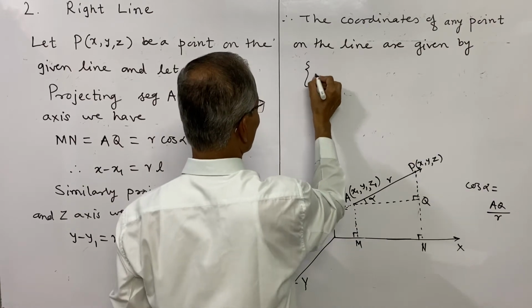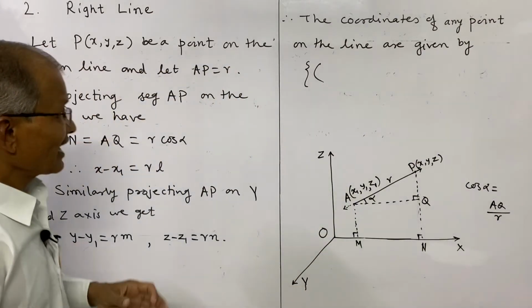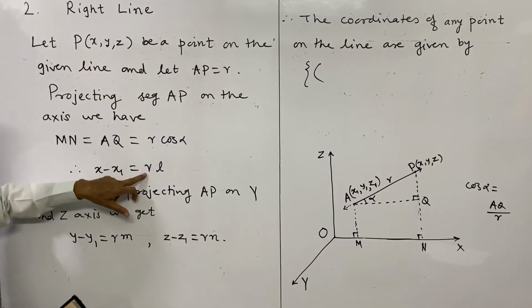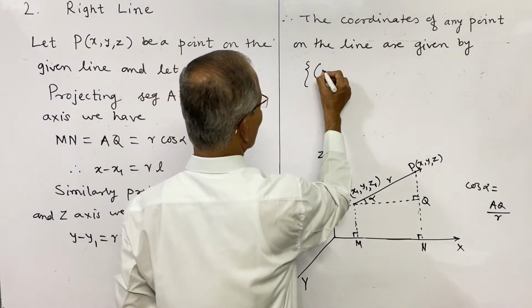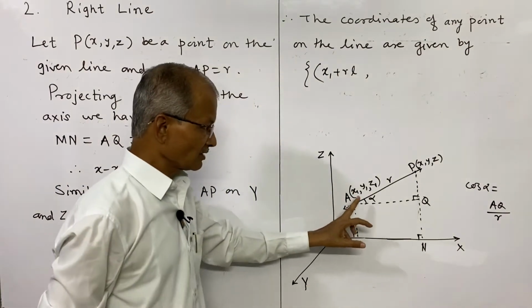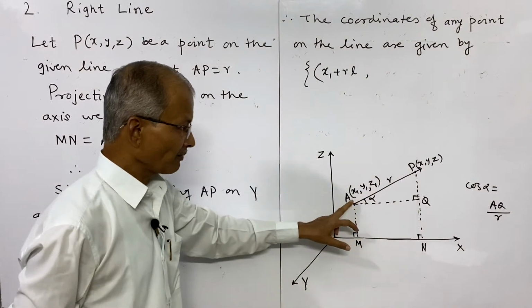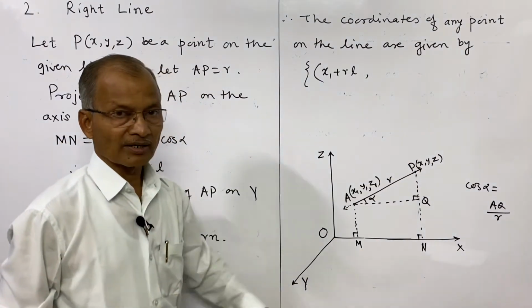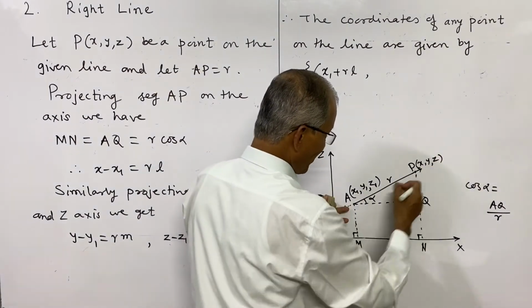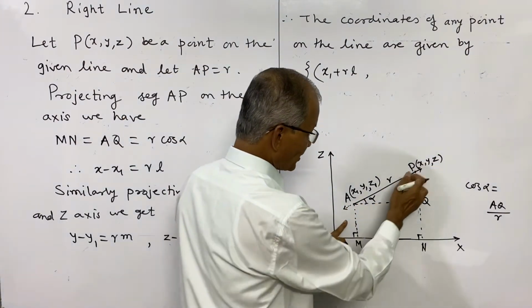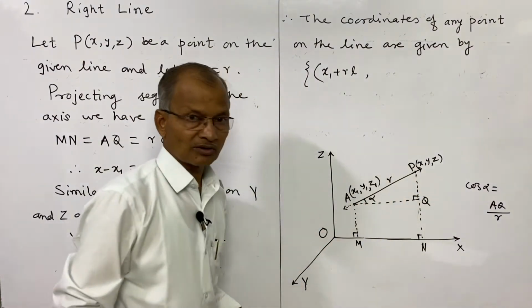See this set, actually x, y, z. What is the value of x from this? x1 plus r into l. So that is the x coordinate. What is r? r is the distance of that point from this fixed point A. A is a fixed point and P is any point. So if you change point P, we will not change point A. A is fixed, P changes, the distance r will be changing.